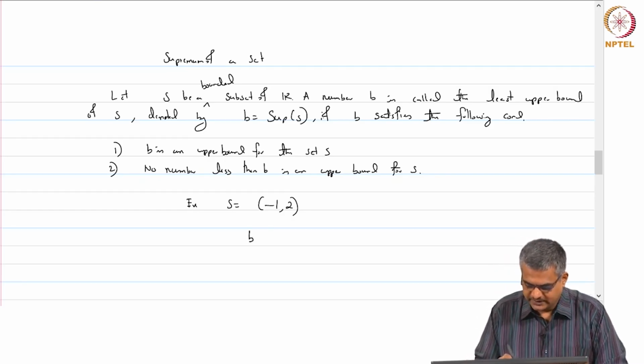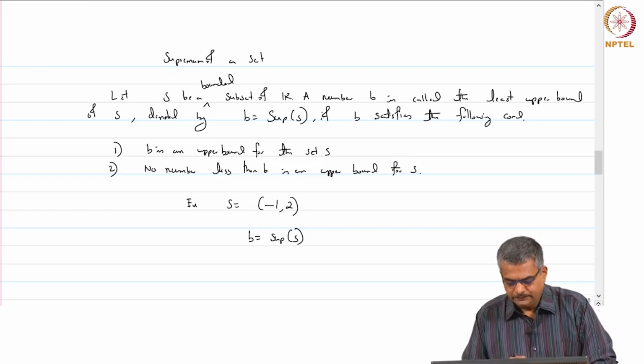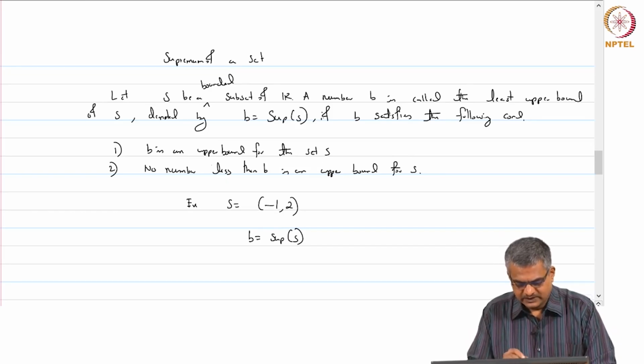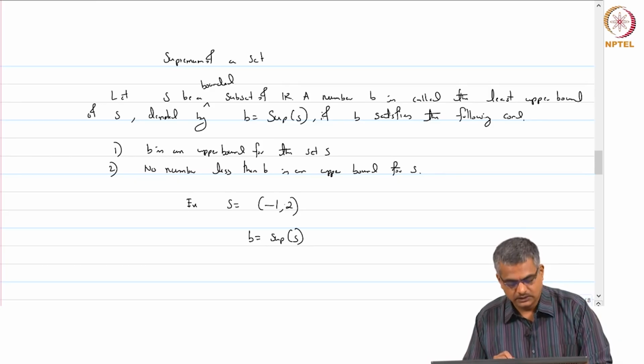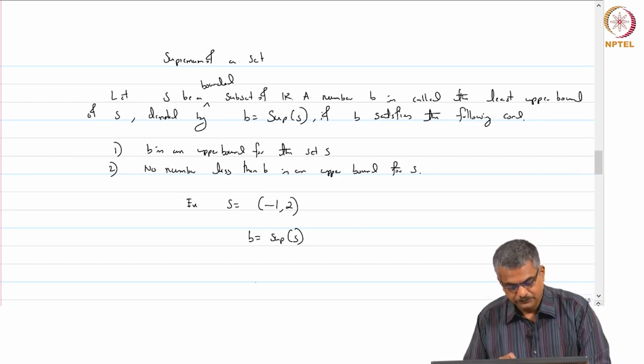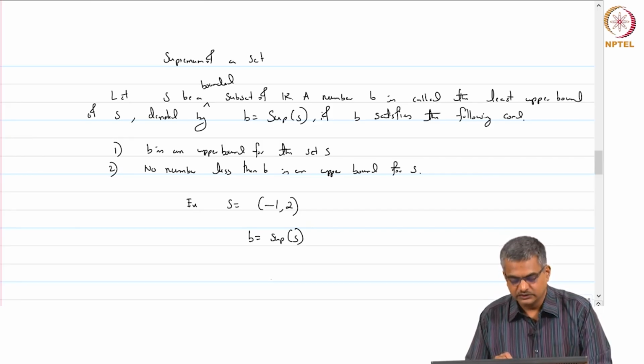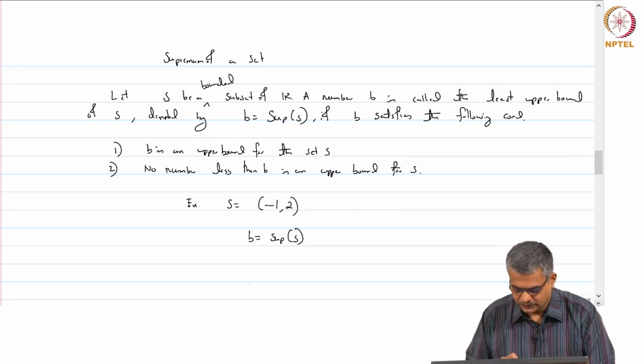So, here in this case 2 is supremum of the set S, right. So, it satisfies both conditions. It is an upper bound for the set S because all numbers are less than 2, and the second condition also holds, there is no number other than 2 which satisfies the upper bound condition.